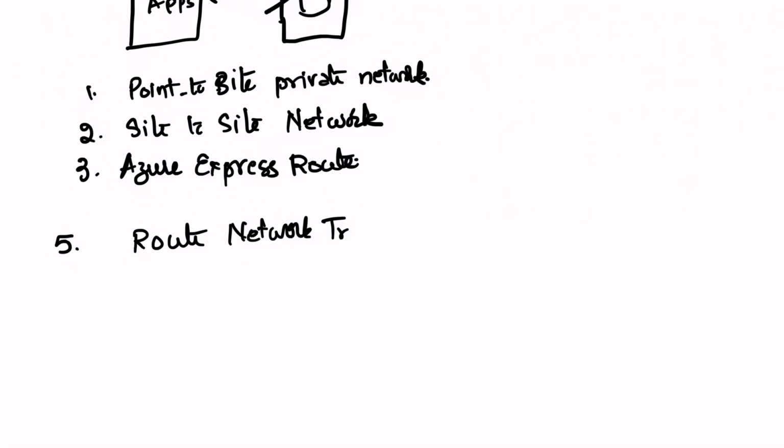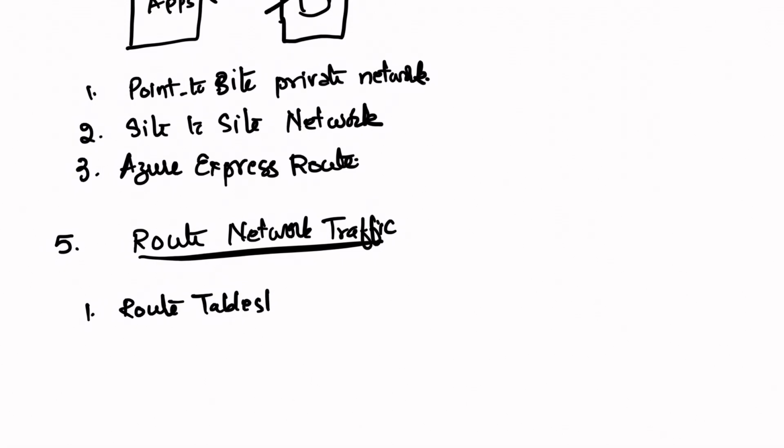By default, Azure routes the traffic between the subnets, any connected Azure Virtual Networks, on-premises resources, and the internet. But we can define route tables which will guide how the traffic is transferred between the subnets.